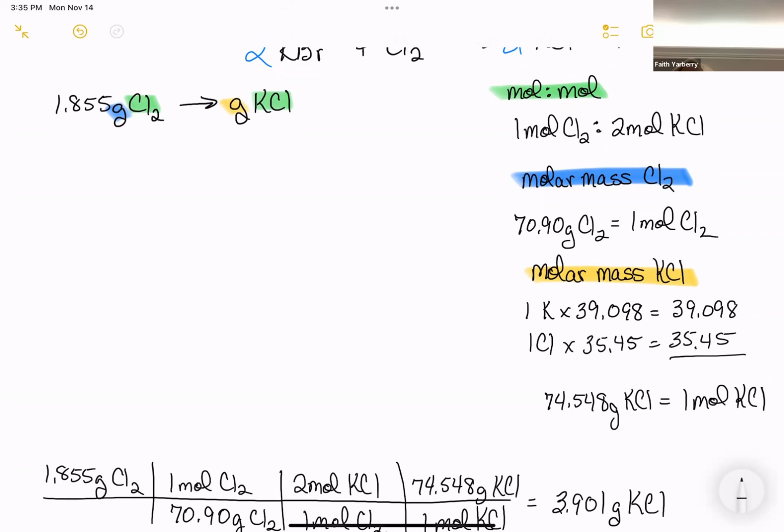Because you were dealing with grams of Cl2, it means you're going to need the molar mass of Cl2. 2 times 35.45 comes out to be 70.90 grams for Cl2 is equal to 1 mole of Cl2. Because you need grams of KCl, it means you need the molar mass of KCl. 1 potassium at 39.098 grams and 1 chlorine at 35.45 grams means that KCl has a mass of 74.548 grams of KCl is equal to 1 mole of KCl.